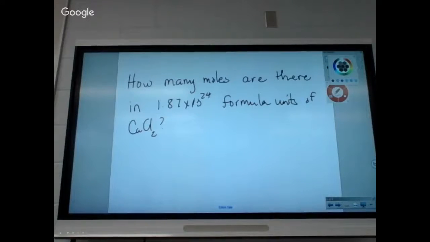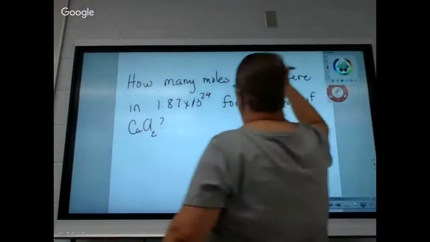How many moles are there in 1.87 times 10 to the 24th formula units of calcium chloride? Now remember, if you want, picture your flow chart.